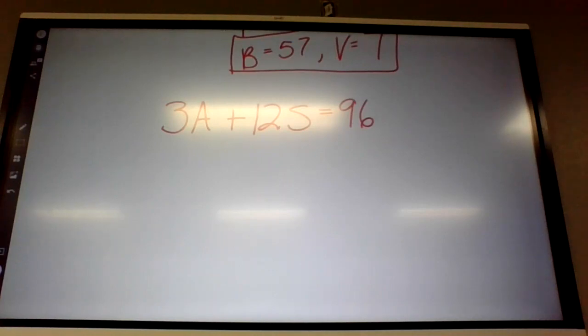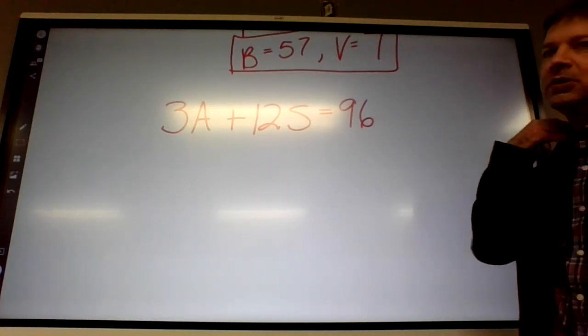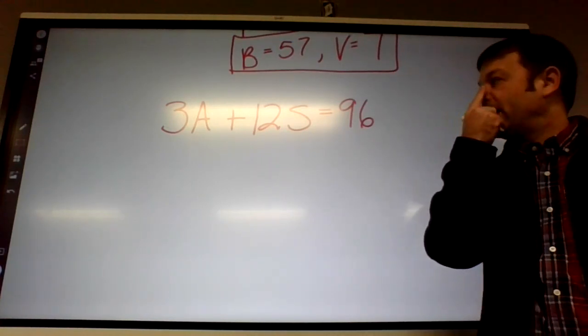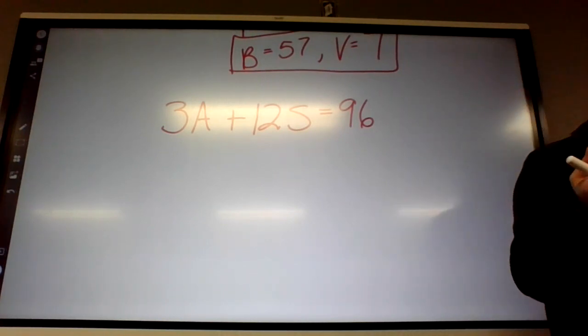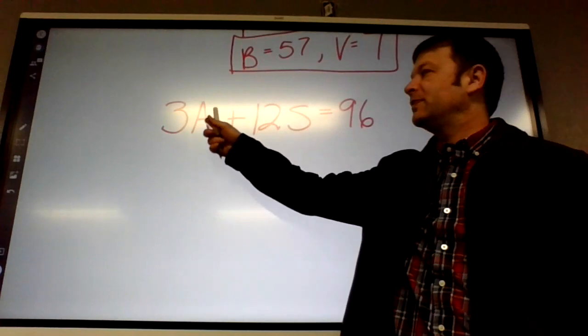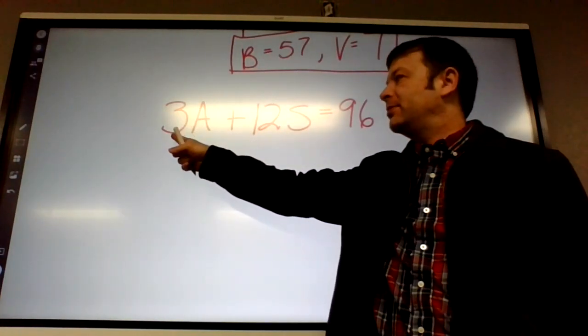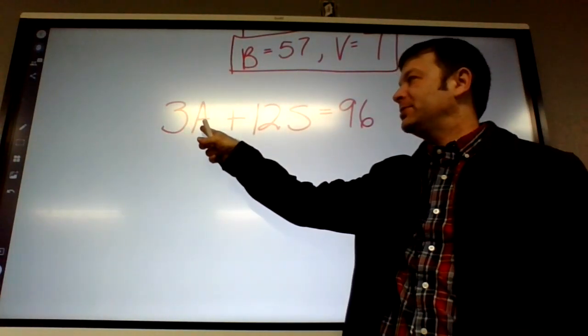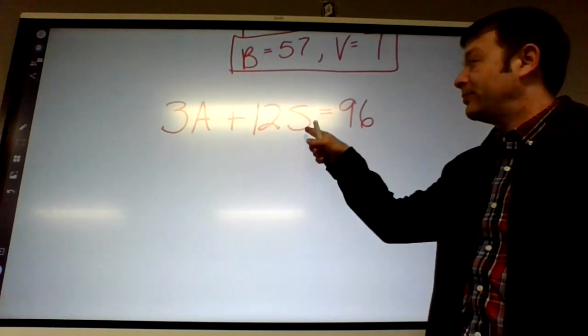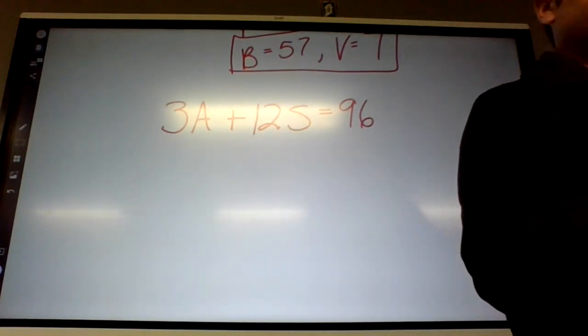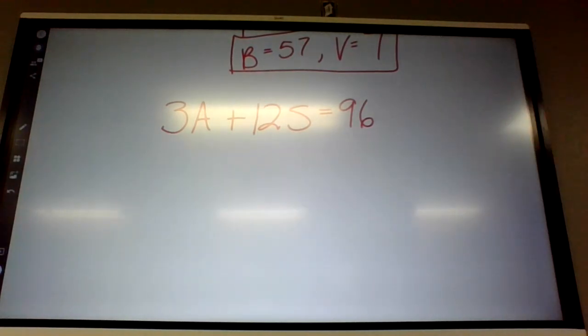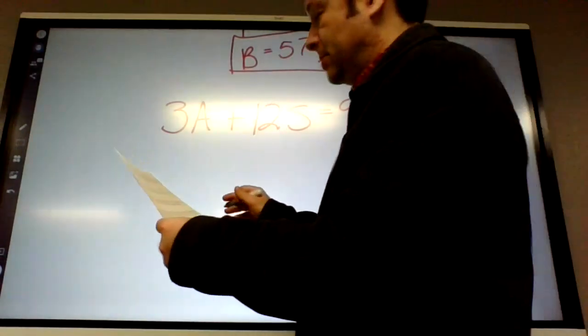That's the unknown variables. We know how many adults and students there were, 3 and 12. But 3 times however much an adult ticket was, plus 12 times however much a student ticket was, and they made $96.